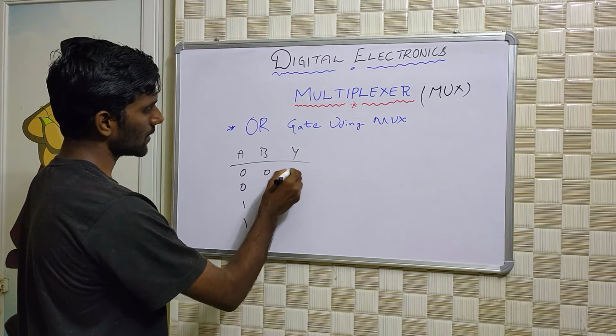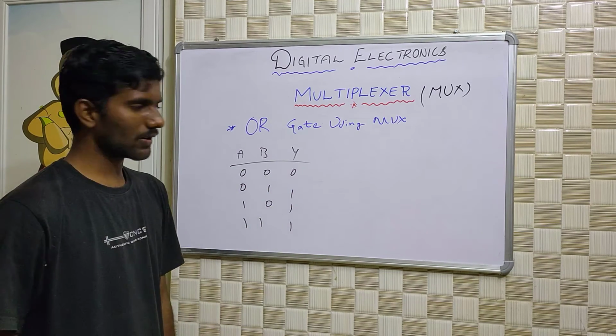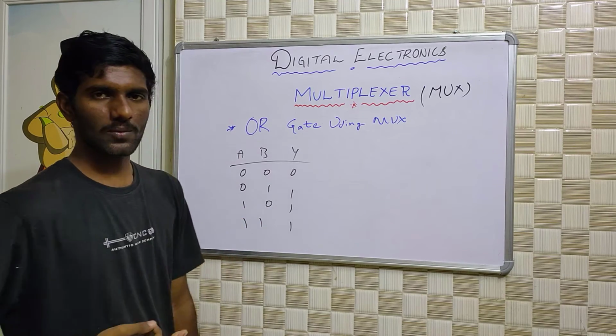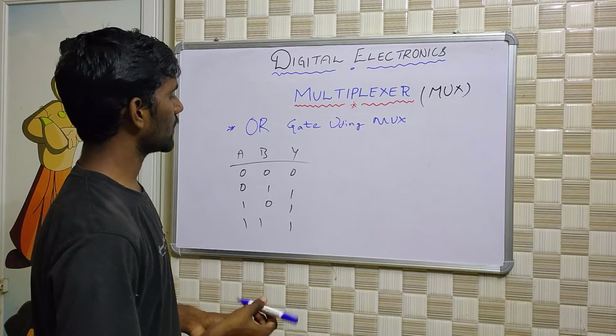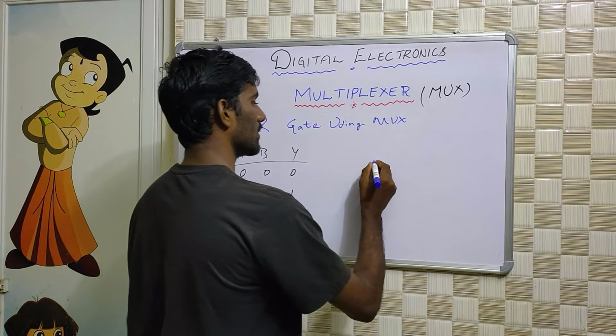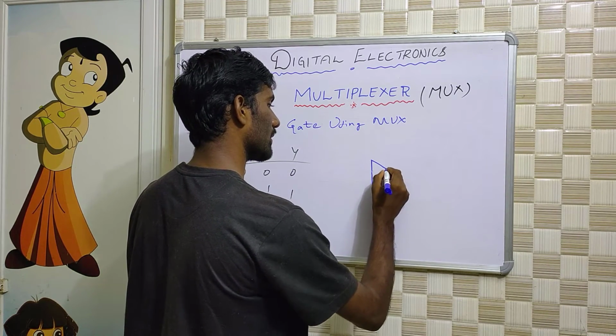The output will be 0 1 1 1, right? When any one of the inputs is high, the output will be high. That is the truth table for OR gate. Now we will see how we can implement this OR gate by using a multiplexer, right? So we'll take a 2 by 1 multiplexer.